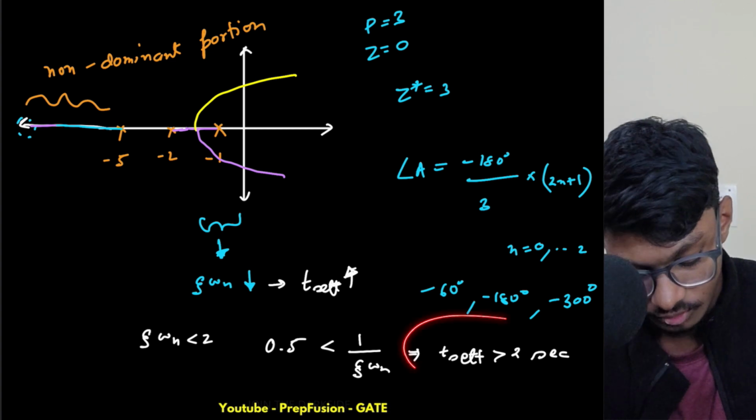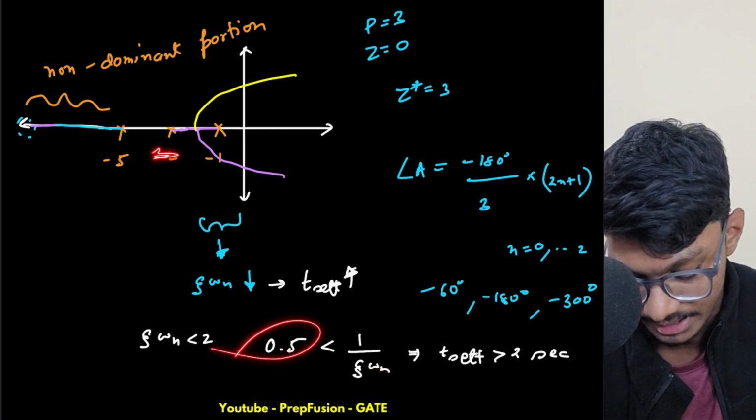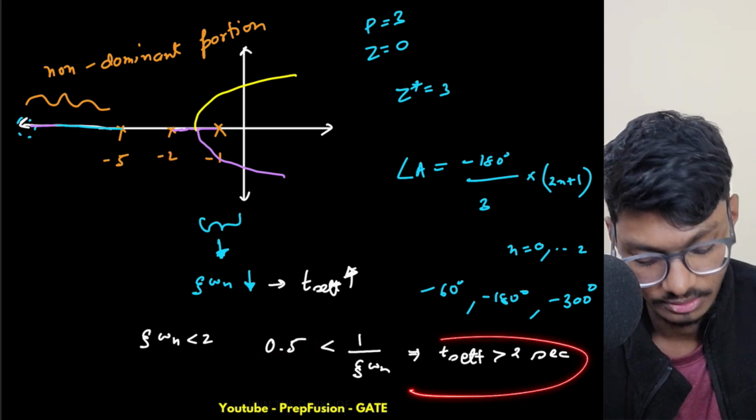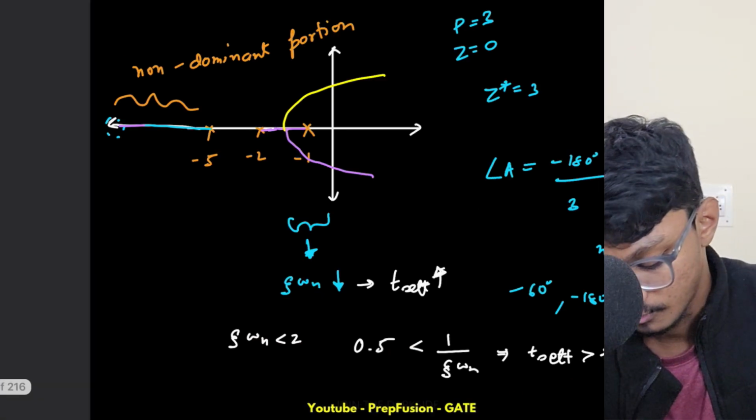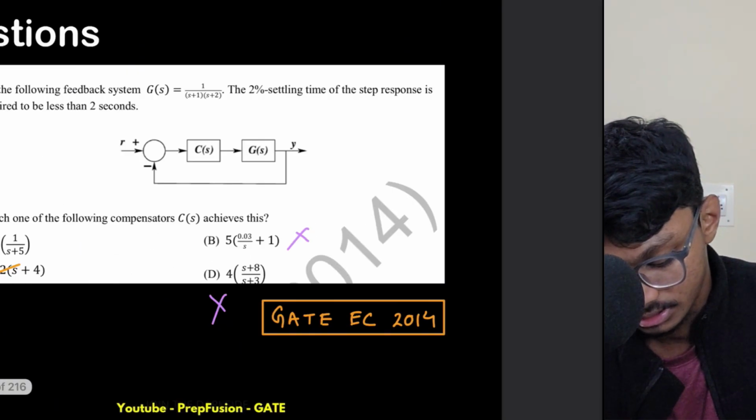So always it will be greater than 2 seconds. At max it can be this. So from here it is proved, it is not possible for us to make T settling less than 2. So we have derived this. So yeah, this is how you do this.